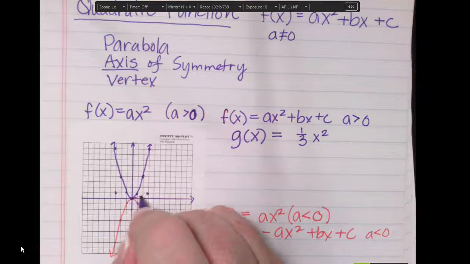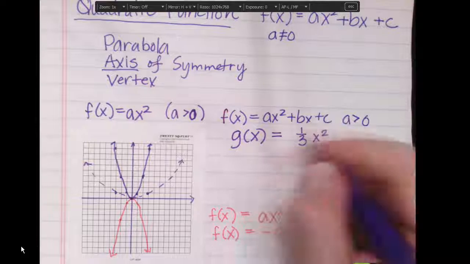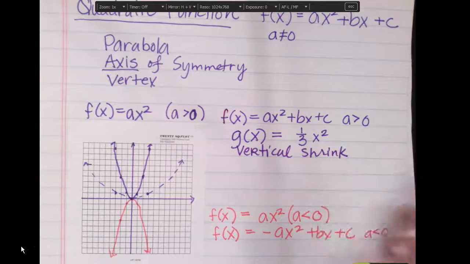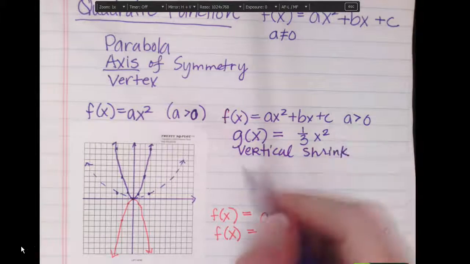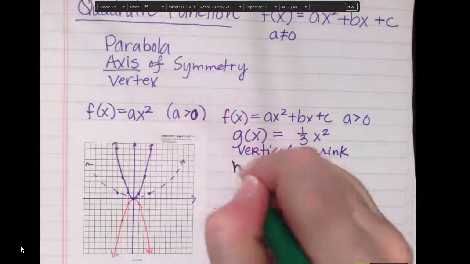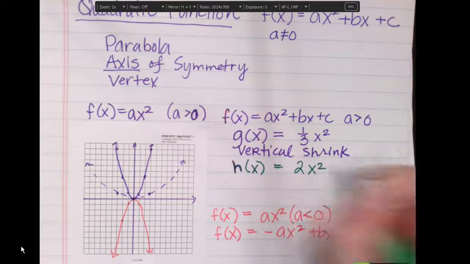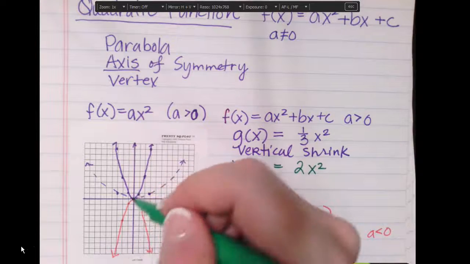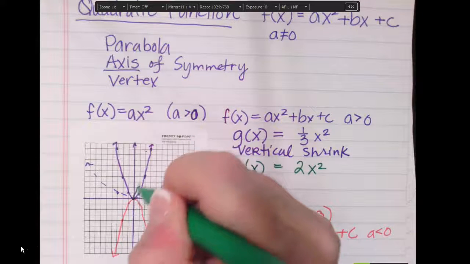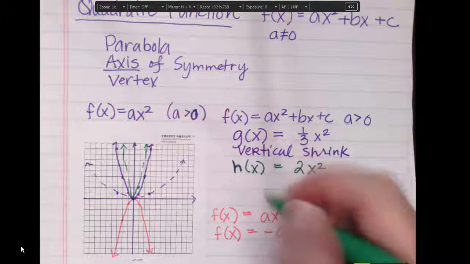So we would have this wider opening. And then a vertical stretch. Notice my coefficient, I'll call it h of x, and let me give it a different color. H of x equals 2x squared. Then I'd go 1, 2, 8, so it would be a skinnier parabola, and it would be a vertical stretch.